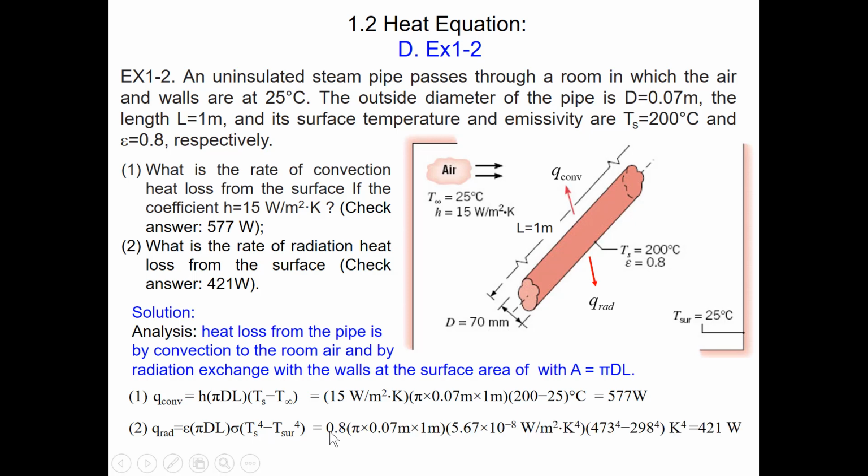Next, plug in numbers: surface emissivity, area, Stefan-Boltzmann constant with unit, then times the difference in the temperature to the fourth power. You have noticed the temperature already converted from Celsius to Kelvin. Finally, you get the rate of radiation loss.